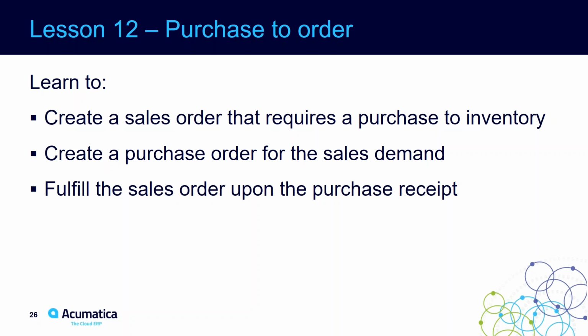So if we don't have them in any of our existing warehouses, we can create a sales order and mark it for PO, and that will help us create a purchase order to fulfill this specific sales order. This purchase order can be linked, and once we process the release of the items for this purchase order, it will update our sales order, and then we will be able to continue with the process of the sales order to sell. Okay?